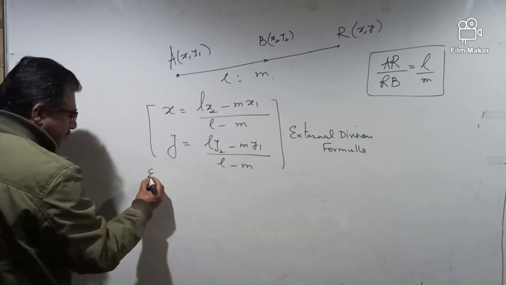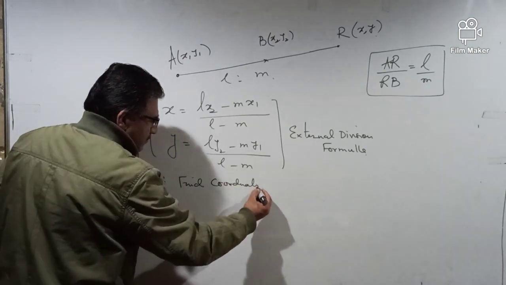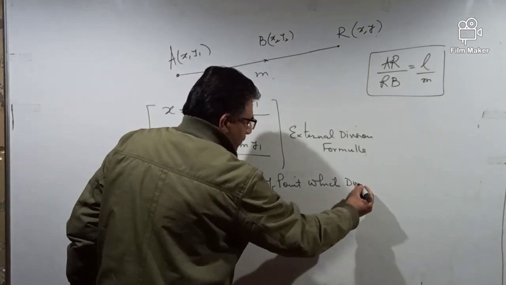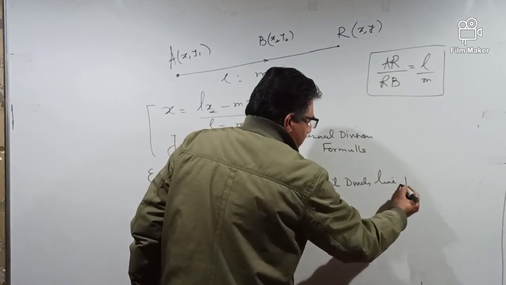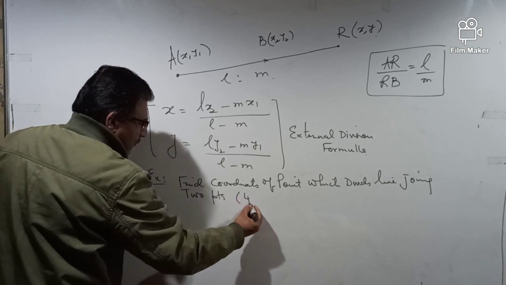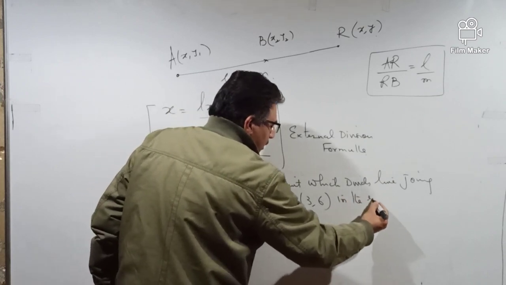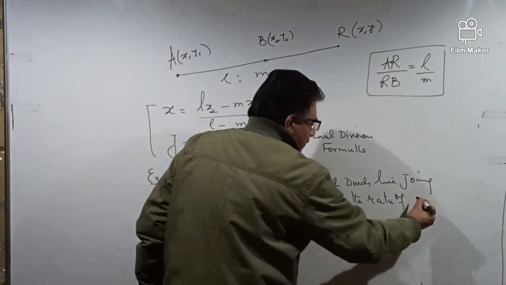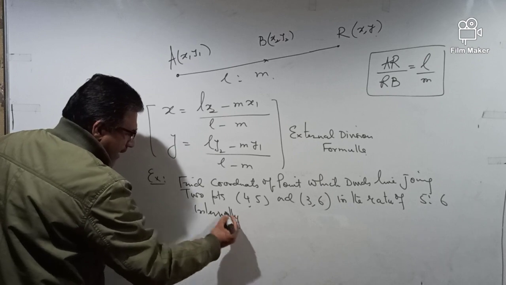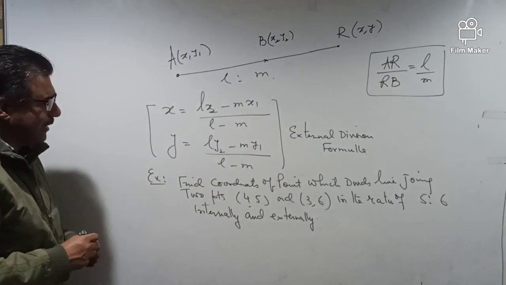Example: find the coordinates of the point which divides the line joining two points, say 4, 5 and 3, 6, in the ratio of 5 is to 6, both internally as well as externally.